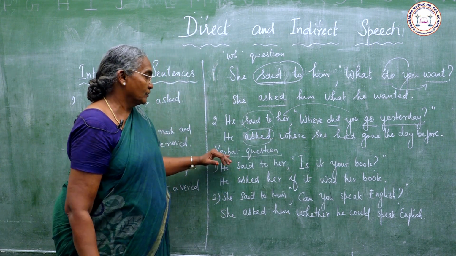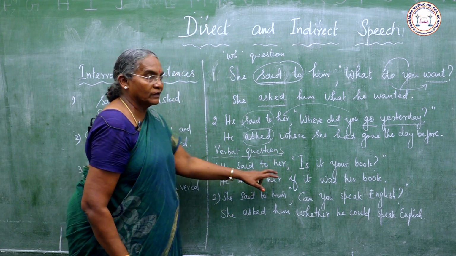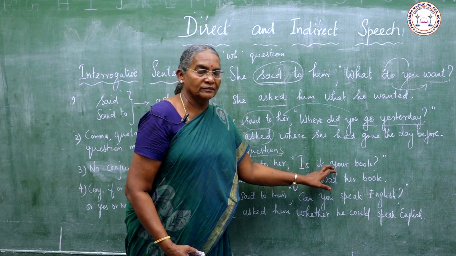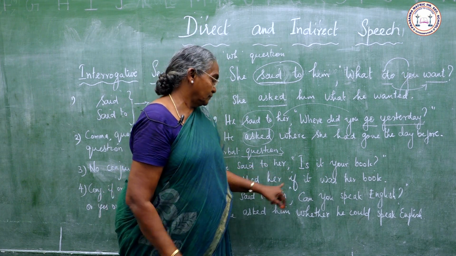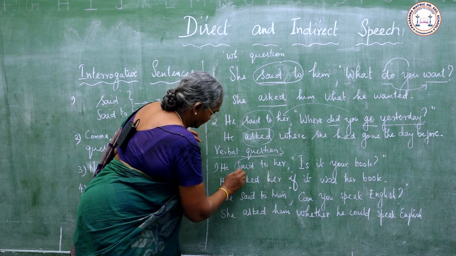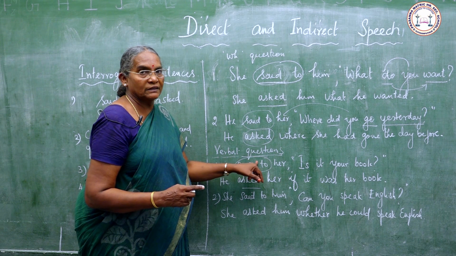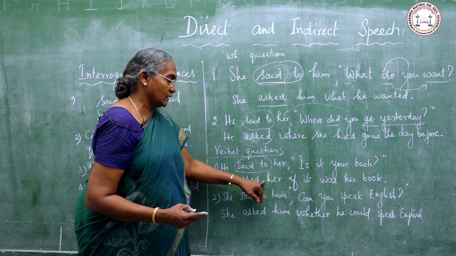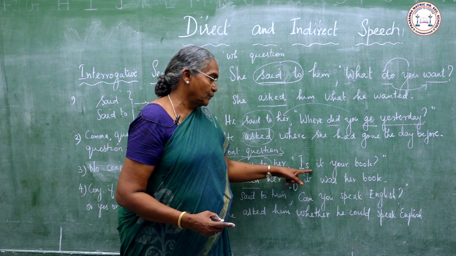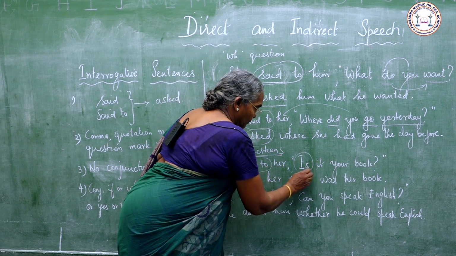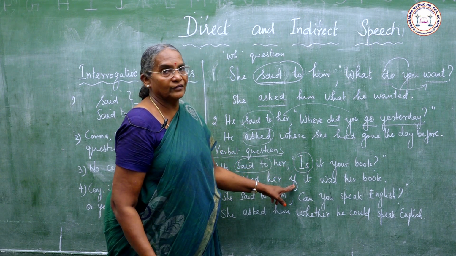Now we shall see verbal questions. He said to her, "Is it your book?" Said to will be changed into asked. He asked her. See the question, is it your book? The question begins with a verb. So we add if as the conjunction.